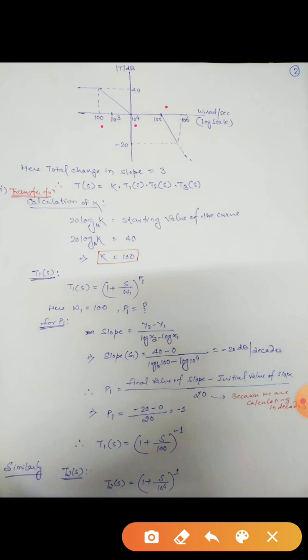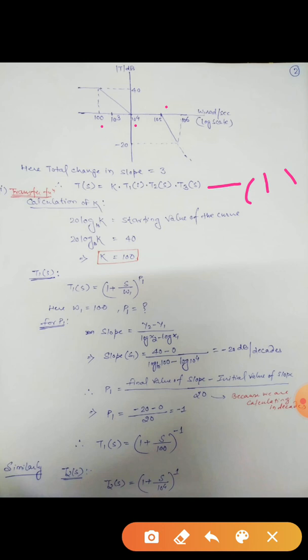As the total number of changes in the slope is 3, 3 different sub transfer functions would be generated. So the final value of transfer function will be k into T1 of s, T2 of s into T3 of s. Therefore, for the calculation of final transfer function, we need to calculate the values of k, T1 of s, T2 of s and T3 of s.